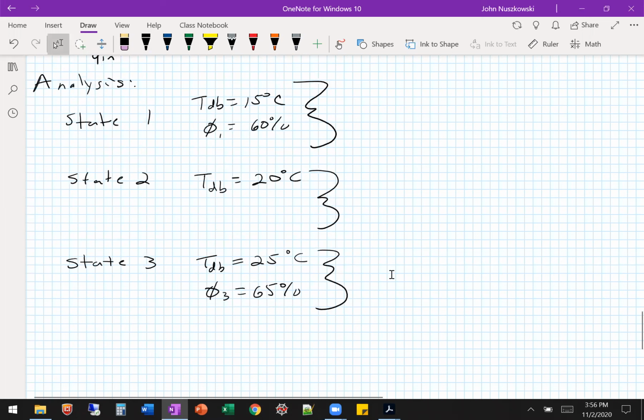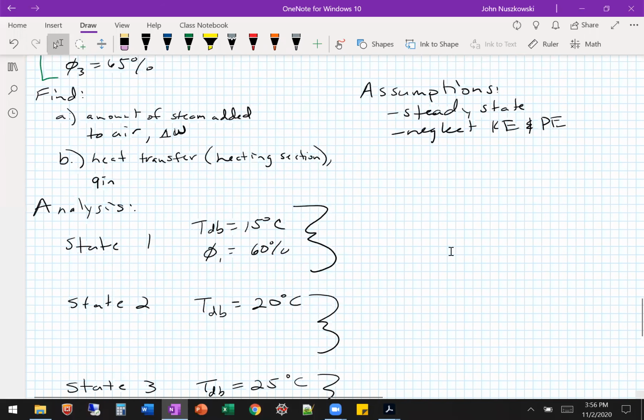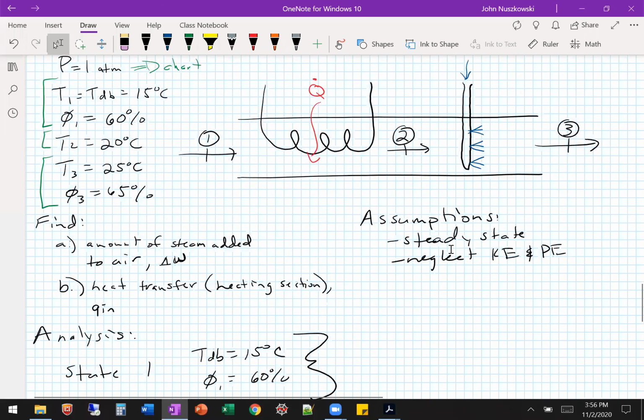Okay, so where do we want to start? So we used everything basically in our givens, right? We said pressure is 1 atmosphere, so we can use the chart. We have everything then from here. So now looking at our schematic, what do we want to do? Conservation of mass.